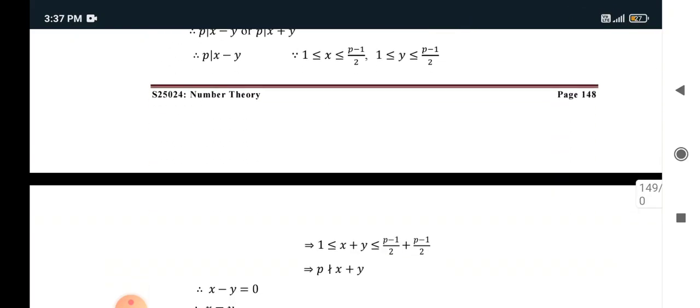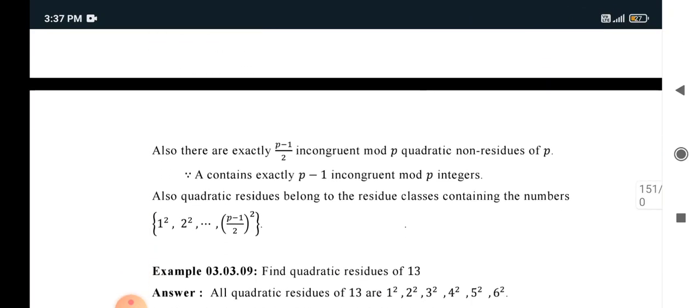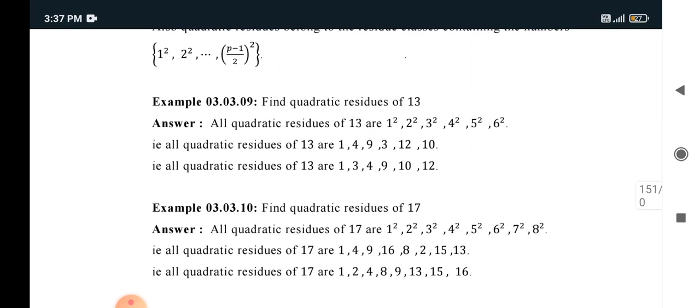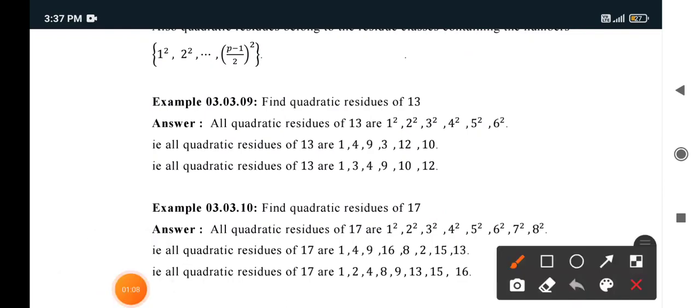So see the example. If the question is to find the quadratic residues mod 13, 13 is a prime, so by using that theorem, exactly how many quadratic residues are there? 13 minus 1 over 2, that is 12 over 2, which is 6.